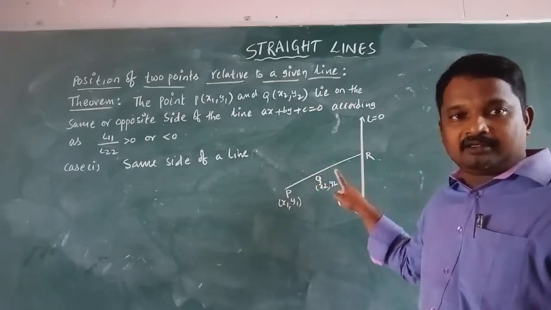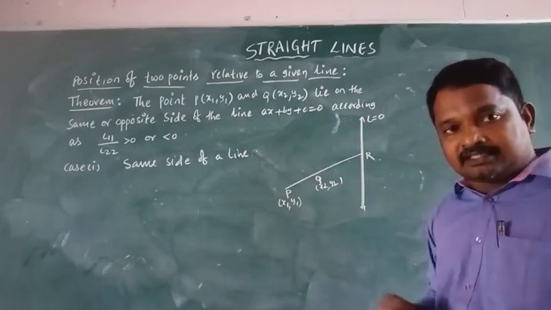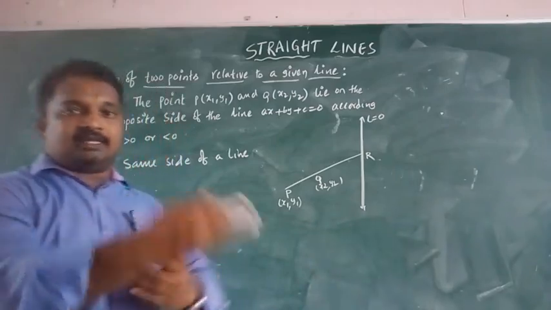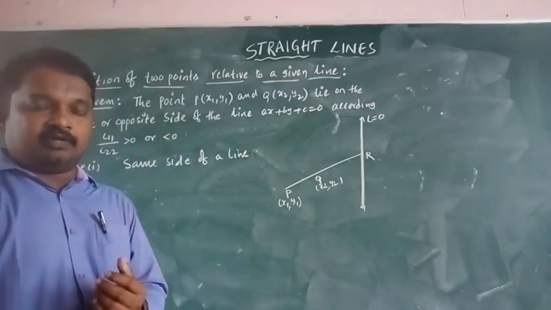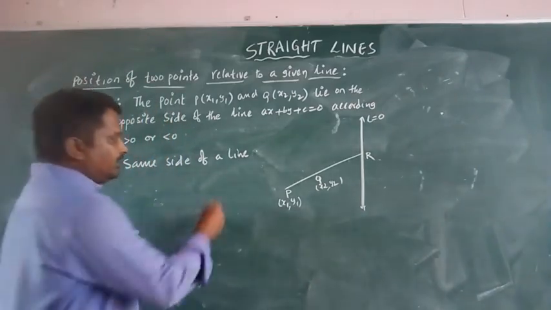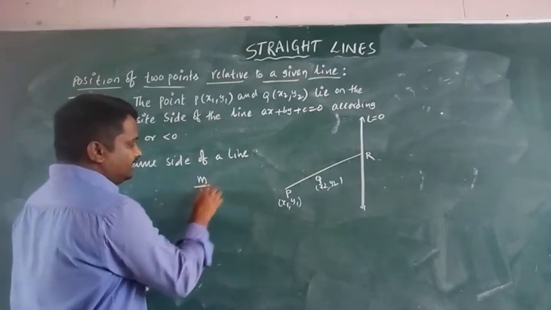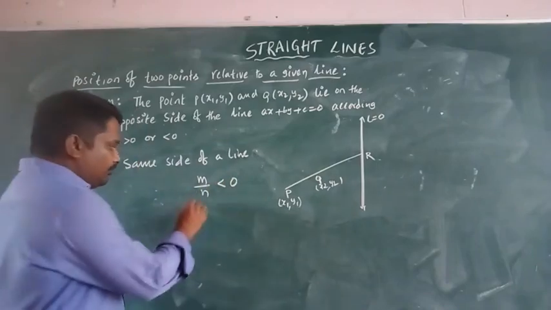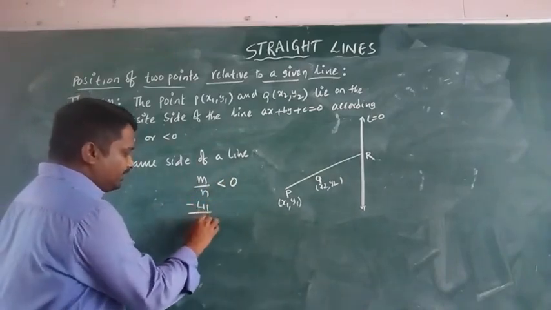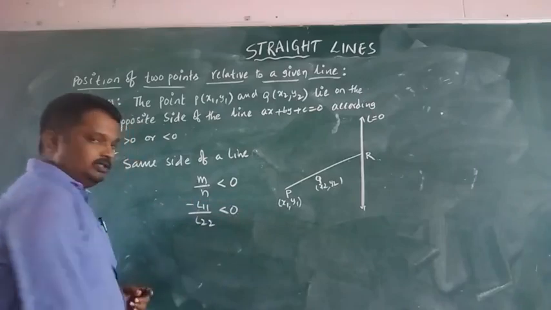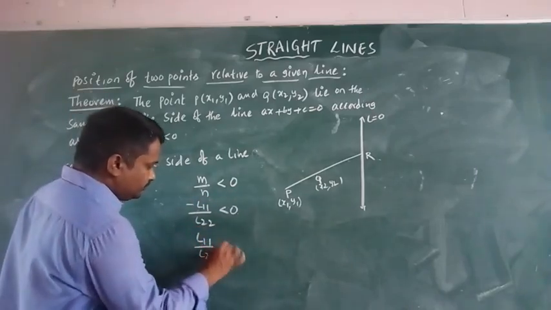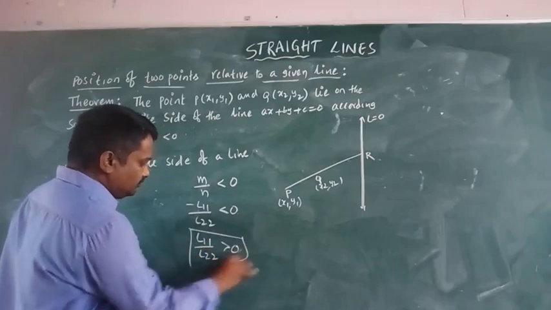External division means the ratio should be negative. So m by n is less than 0. Already we got m by n is minus L11 by L22 less than 0. So that means L11 by L22 greater than 0.